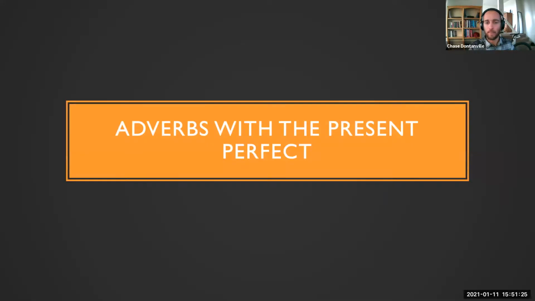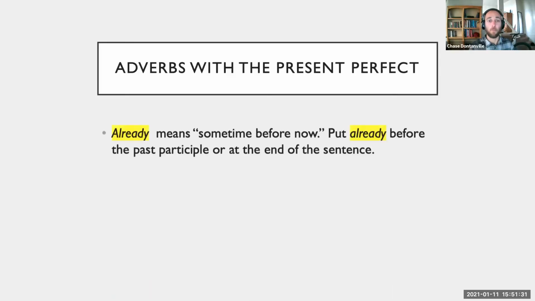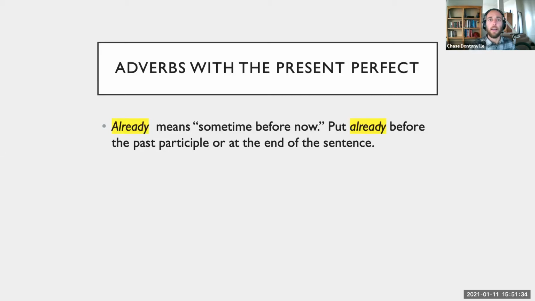All right. Let's finish with adverbs and the present perfect. So already is an adverb, and already means sometime before now. And you should put already before the past participle or at the end of the sentence.